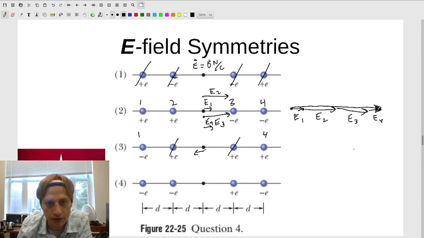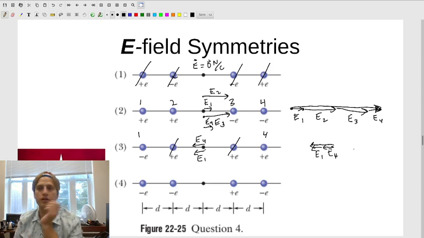So there's my E1, it's small, and my E4 is also going to be pointing in the same direction, because it's pointing out from the positive, so there's your E4. And so this is going to be your E4 and your E1. Okay, so there's your net electric field, adding them as vectors.